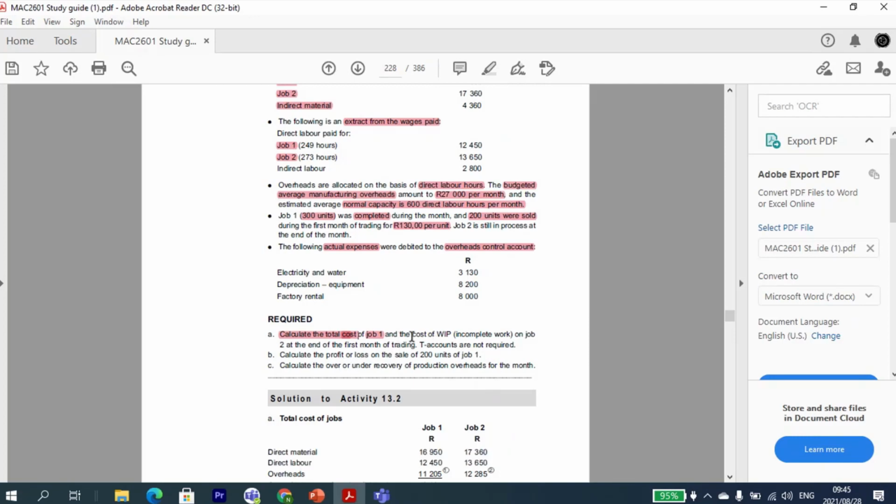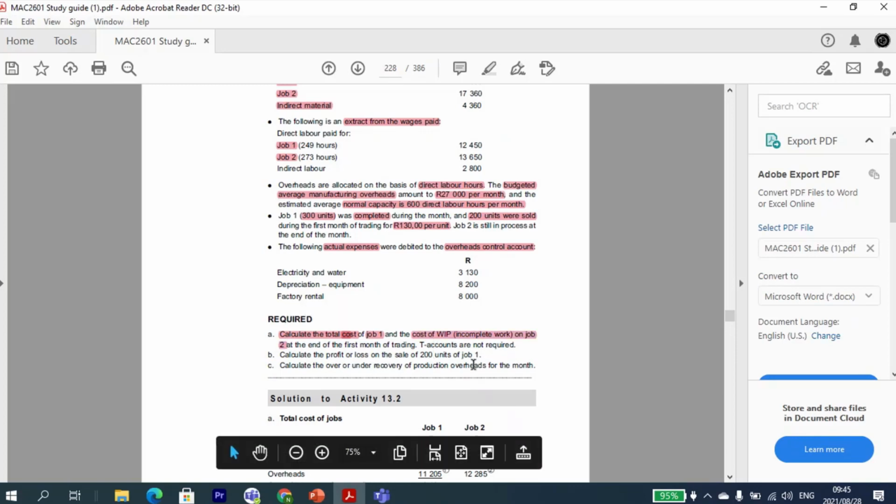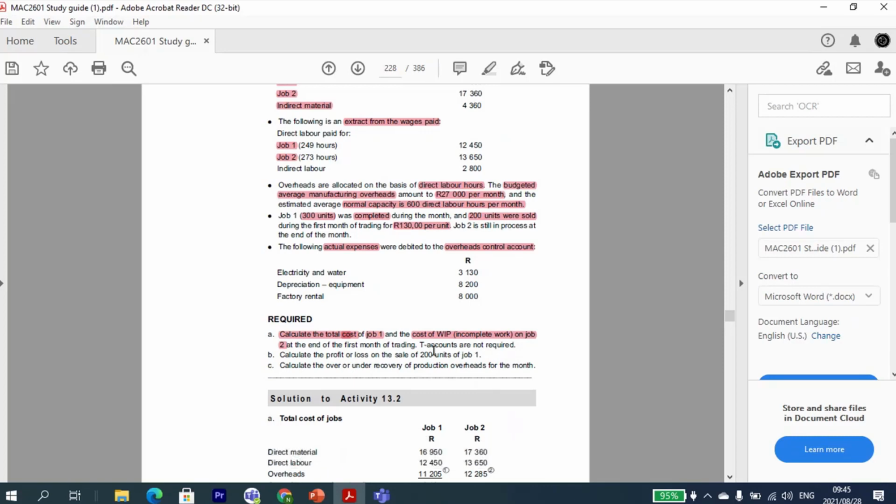So they want total cost for job 1 and the cost of the work in progress for job 2 at the end of the month, and you don't have to use a T account. So give us the total cost for completing the 300 units for job 1. Give us the total cost for the work in progress for job 2. That's all they ask you.